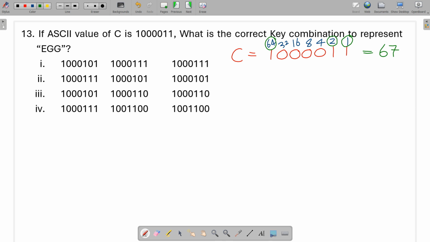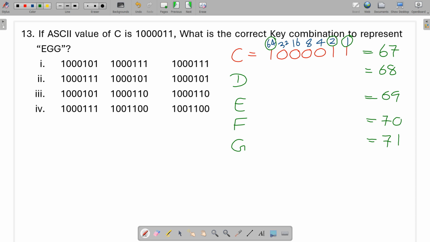So the letter C indicates 67 in the decimal representation of the ASCII code. When we know the value of C, you can determine the values of D, E, F, G. D is going to be 68, E is going to be 69, F is going to be 70, and G is going to be 71.